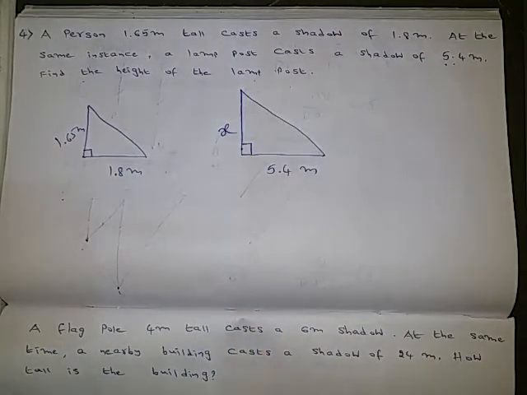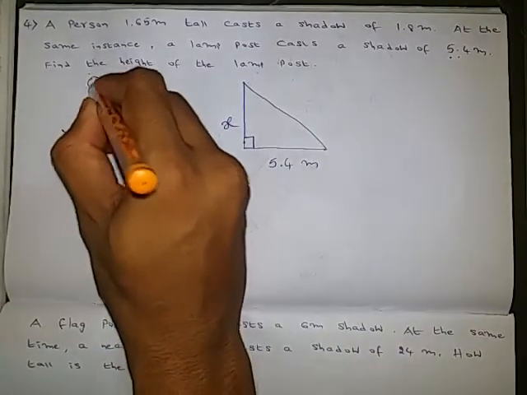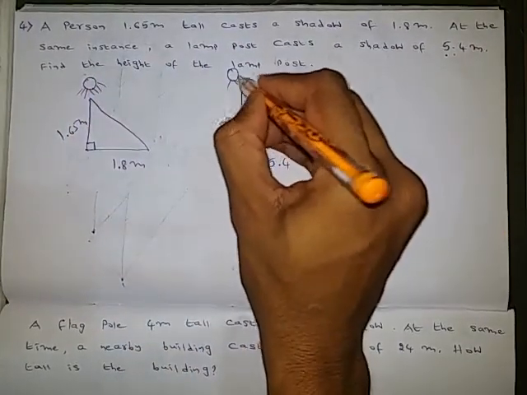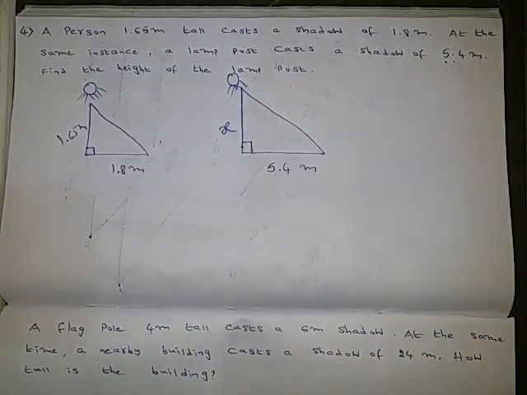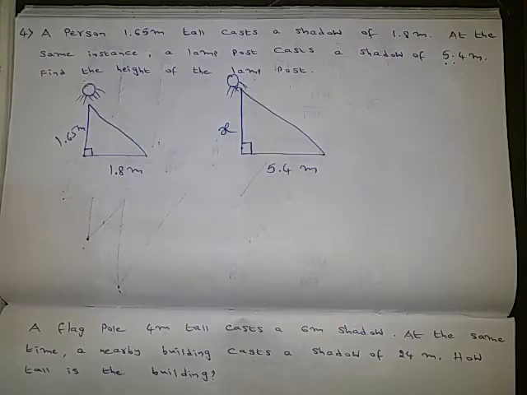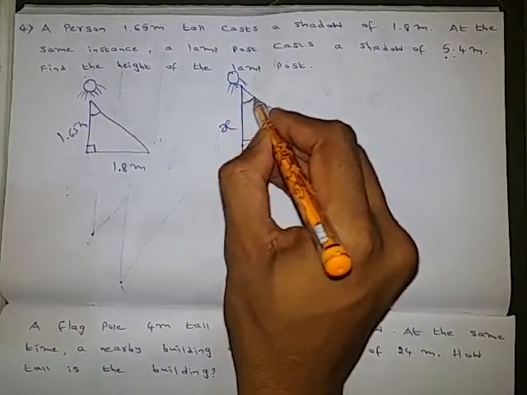Next, both are creating shadows. It means the sun is there, compulsory. So the sun will create some angle with that person as well as the lamp post. So these two angles are equal to each other.